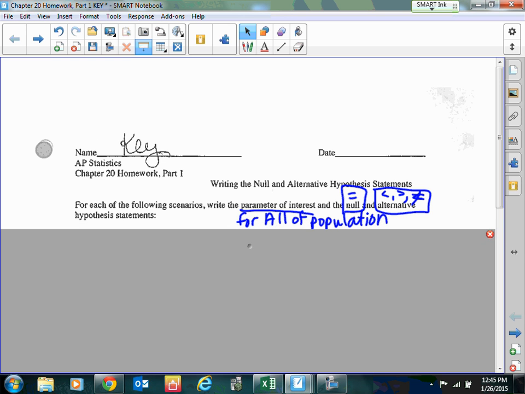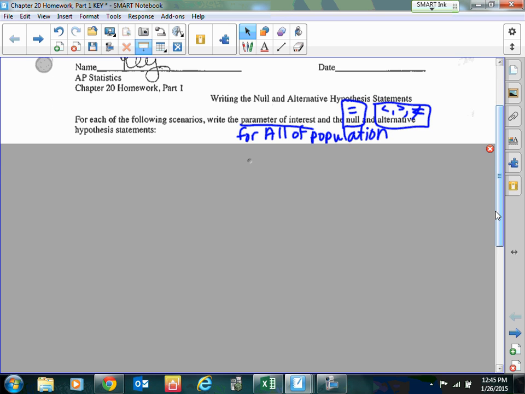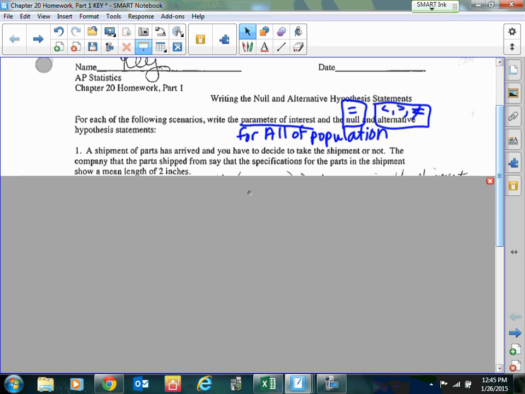Okay? So on this page, on each problem, you're going to do 3 things. Number 1, write the parameter that we're looking for. Number 2, put the null and the alternative hypothesis. Okay, so you have 3 things on there. That's it. Here's the first problem. A shipment of parts has arrived, and you are the receiving person who decides to take the shipment or not.